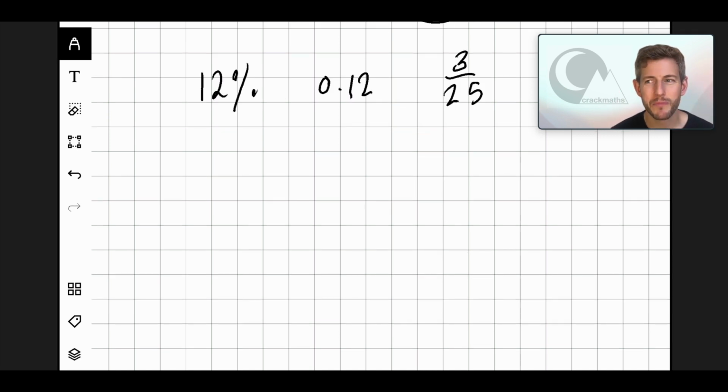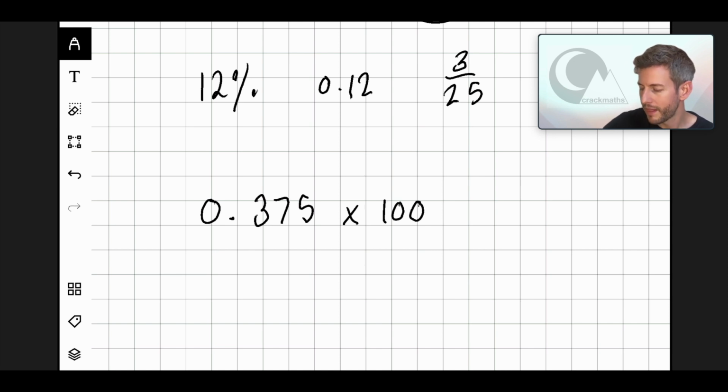So let's take an example where there is more than 2 decimal places. So how about we look at 0.375. So 0.375 times 100 tells us that this is 37.5%.